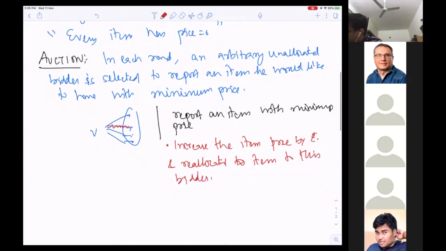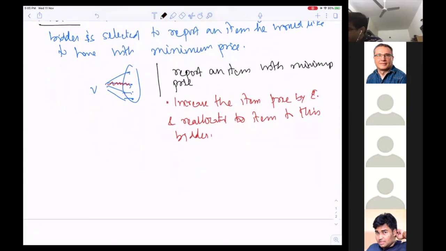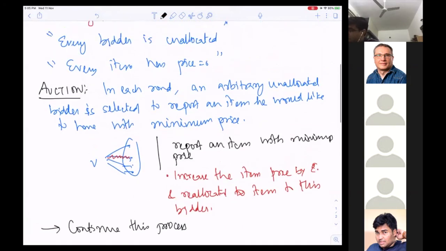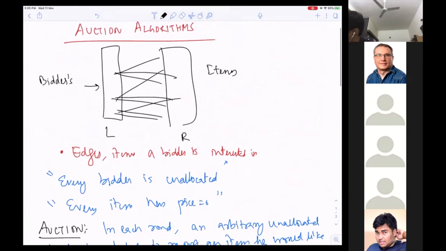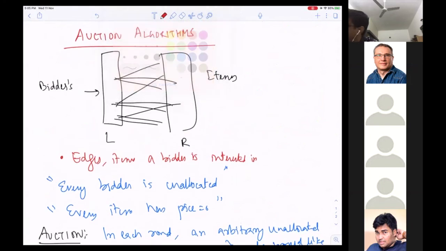And continue this process. This is also called welfare maximizing assignment.